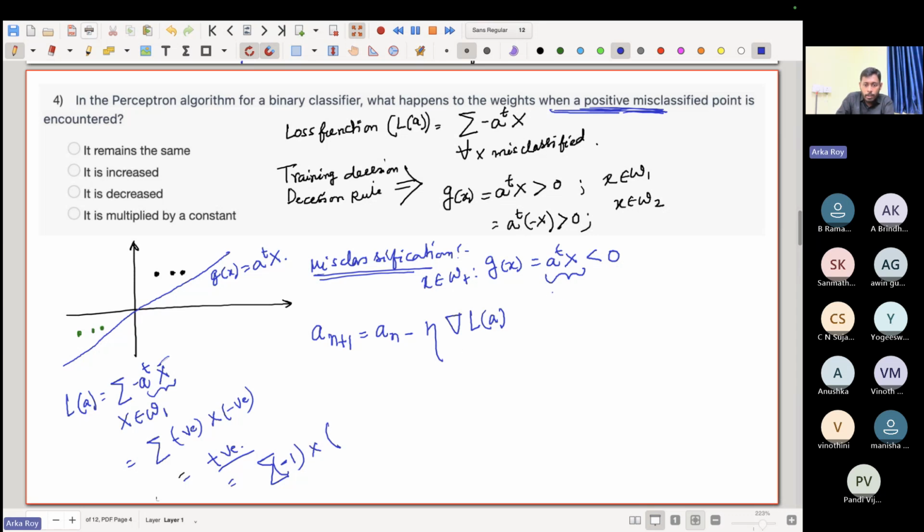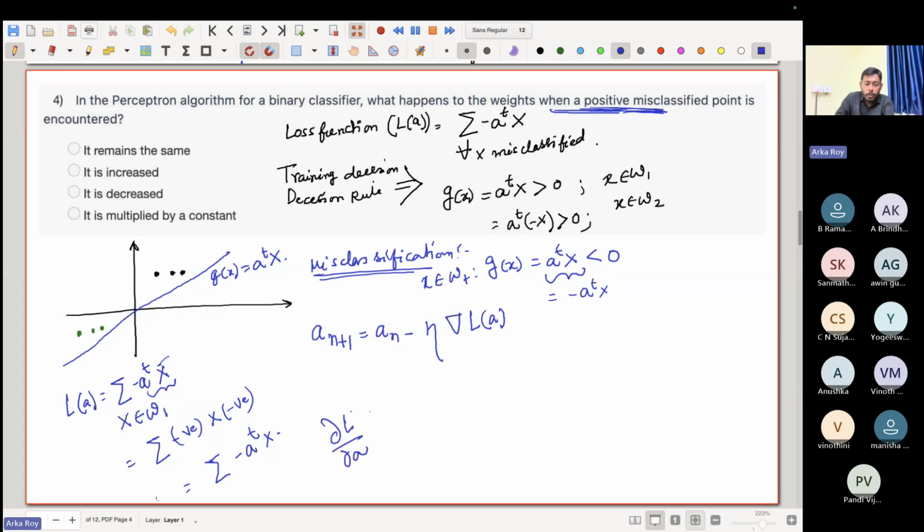So let's say the value is something like minus A transpose X, the summation minus A transpose X. So I can take the gradient over here.